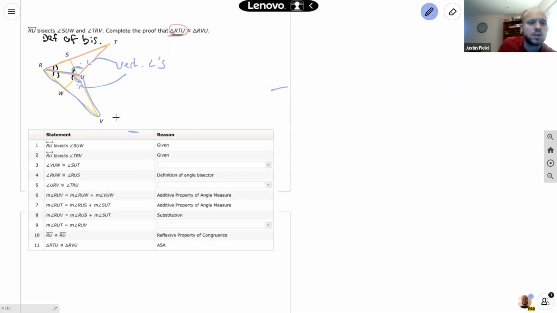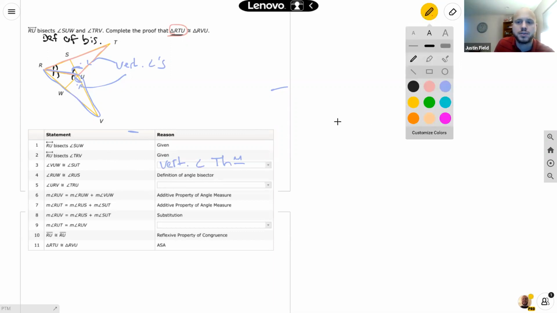VUW. Yeah. So VUW and SUT. Those are the blue angles there. So those are congruent because they're vertical angles. I'm going to say vertical angle theorem. RUW, that's the definition of bisector. We got that marked already.